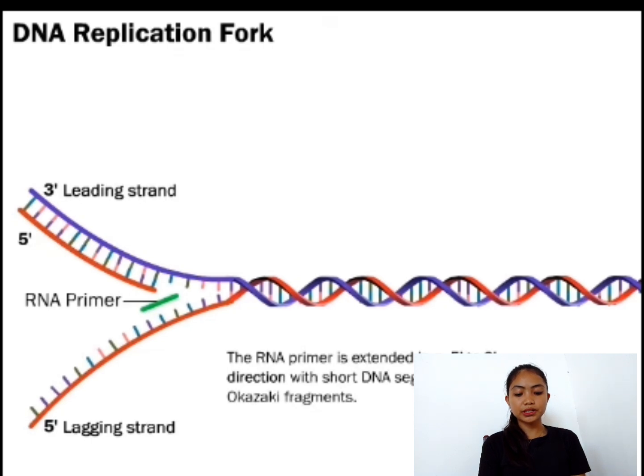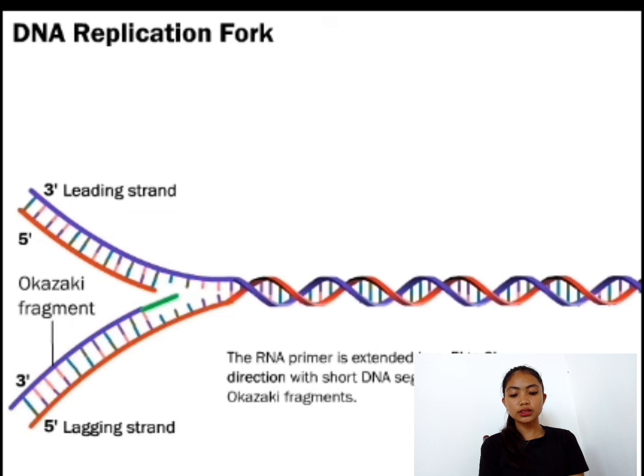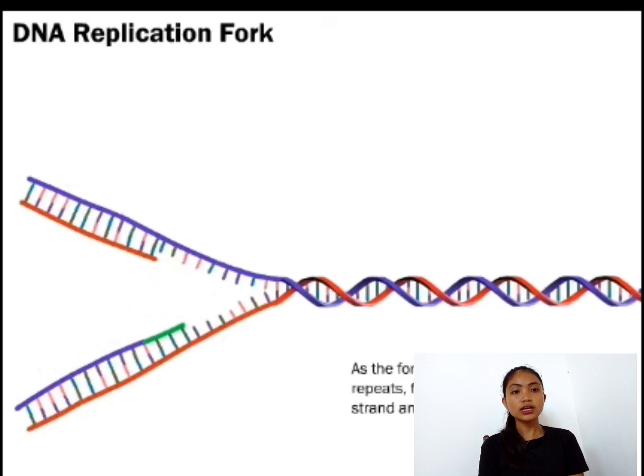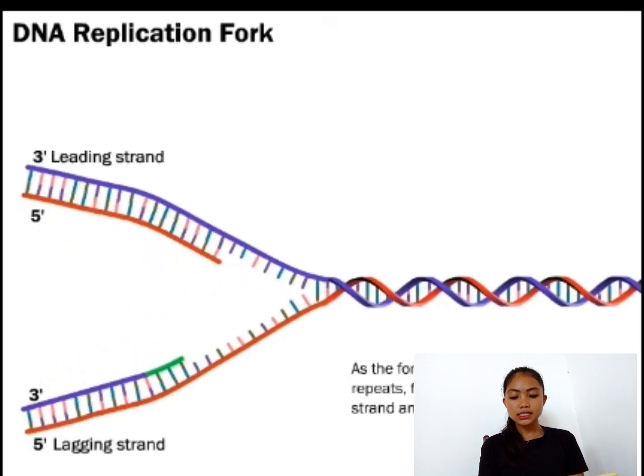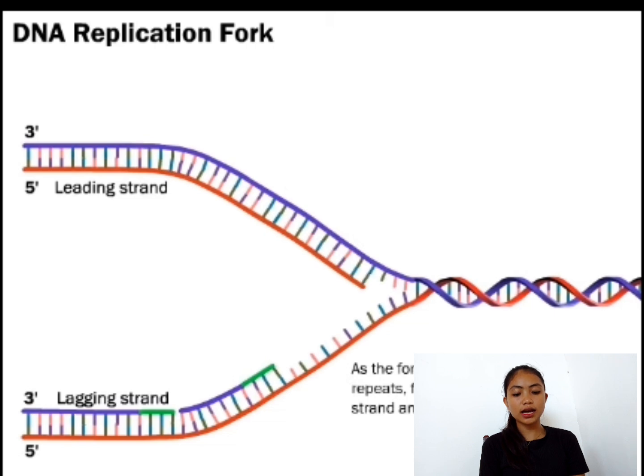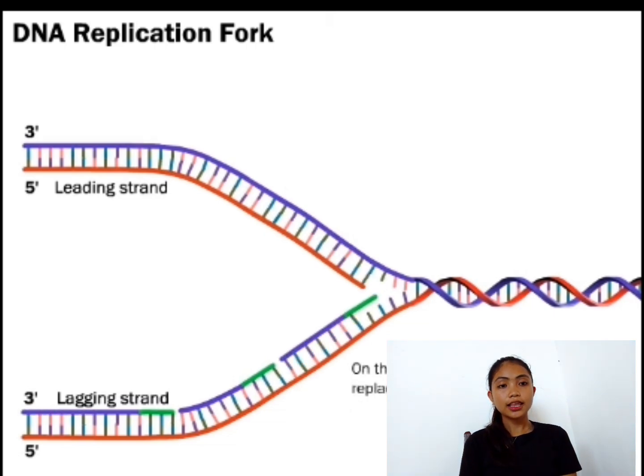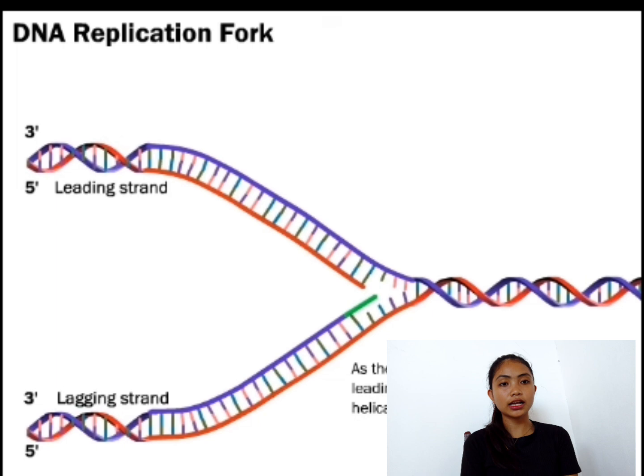The RNA primer is extended in a 5' to 3' direction with short DNA segments called Okazaki fragments. As the fork extends, the process repeats, forming a continuous leading strand and multiple Okazaki fragments. On the lagging strand, the RNA is replaced with DNA. DNA fragments are joined as the replication fork moves on, and leading and lagging strands twist into helical forms.